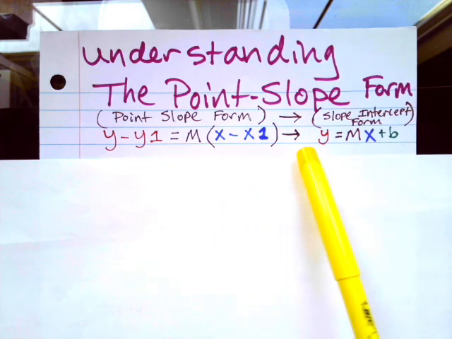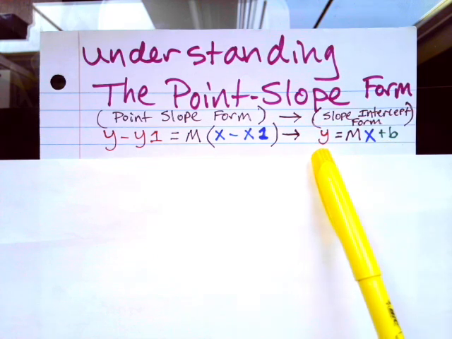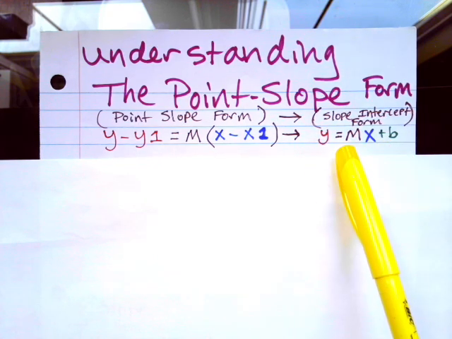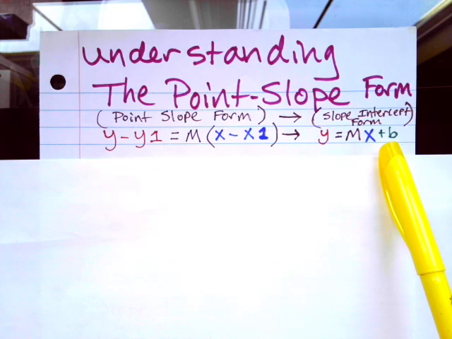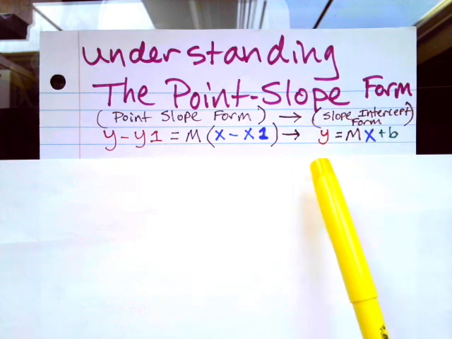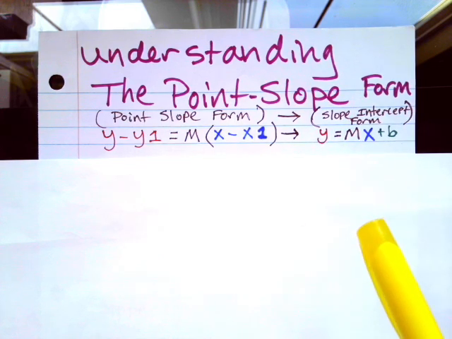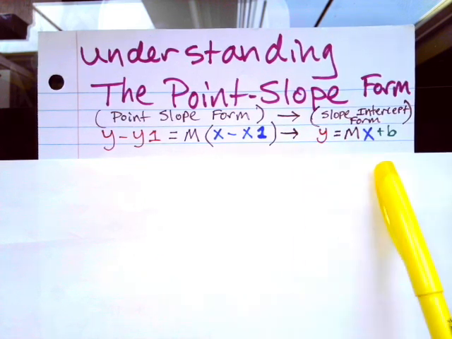Of course, it's important that you understand slope-intercept form, y equals mx plus b, where m is your slope, b is your y-intercept. At this point in the series of videos, this will be review. And review is always a good opportunity to relearn or to strengthen your prior knowledge concerning any topic.